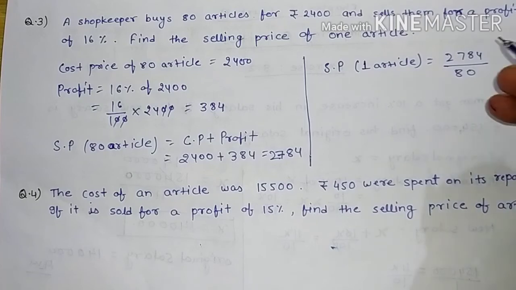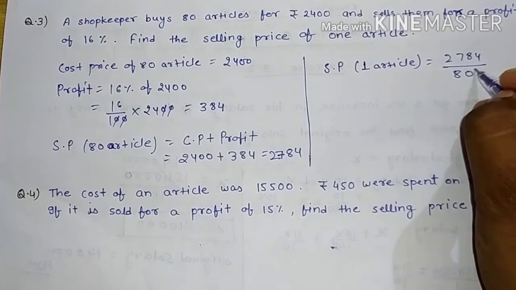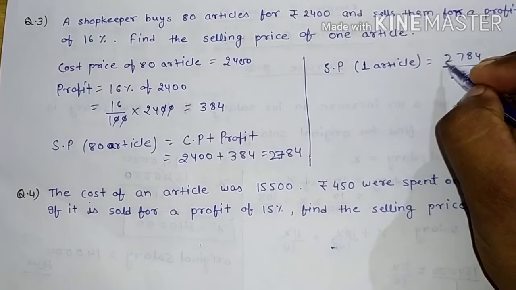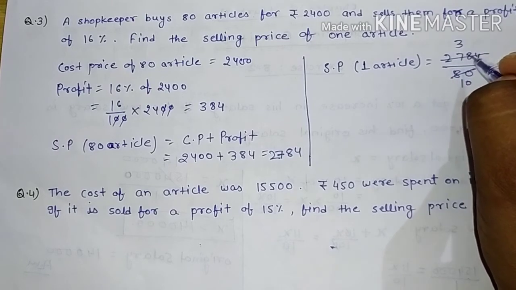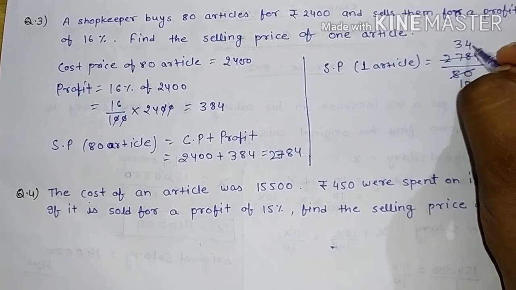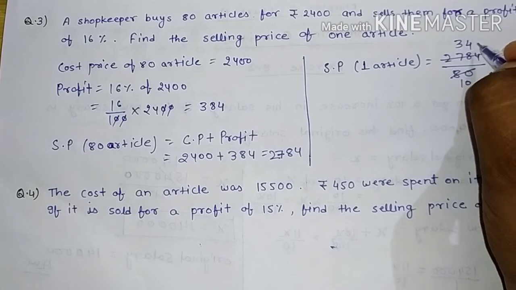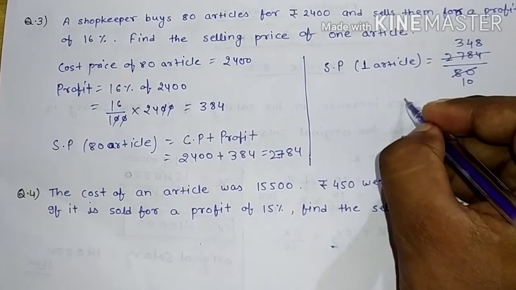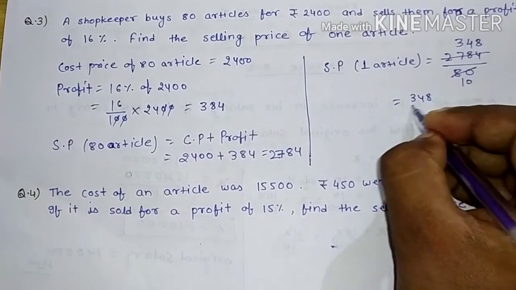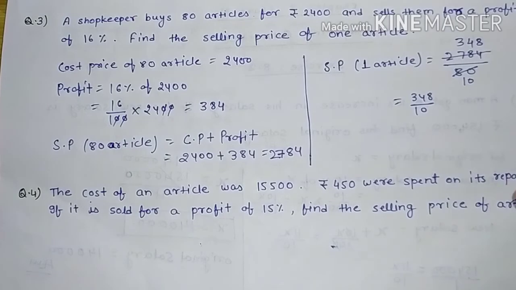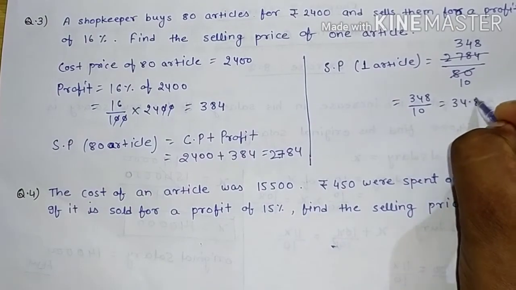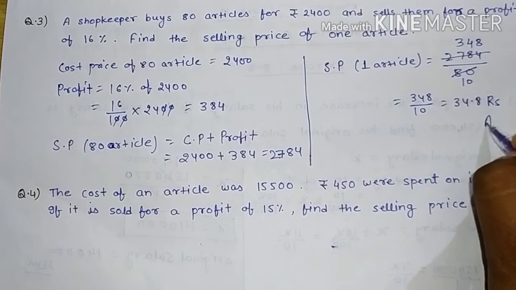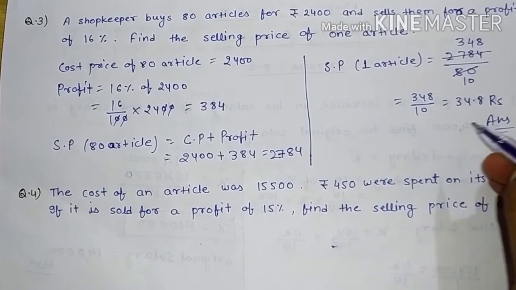So just divide by 8. 8 3s are 24, carry 3, 38. 8 4s are 32, 8 8s are 64. So this is 348 upon 10. So directly we can write 34.8 rupees. Now this is the answer, and this is the selling price of one article.